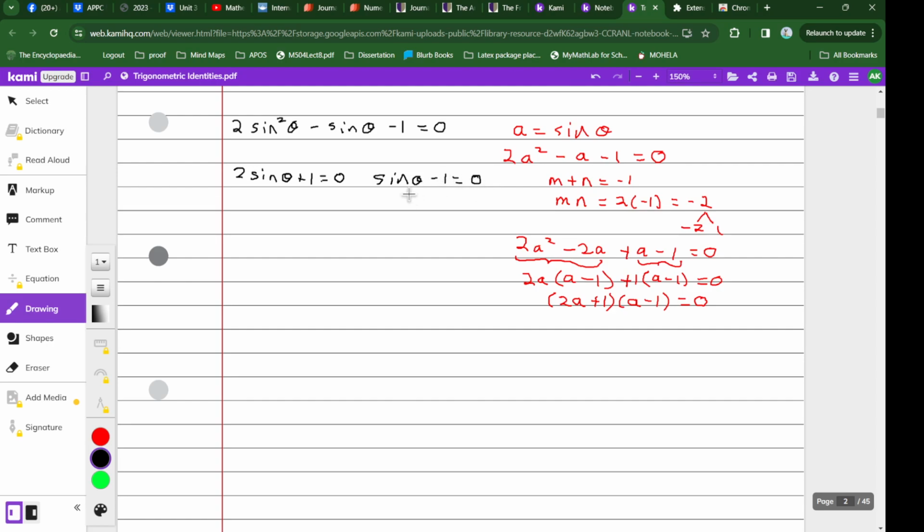And if sine theta minus 1 equals 0, that means that sine theta must equal 1, which means that theta is going to equal the inverse sine, or the arc sine, of 1. And the arc sine of 1 is pi halves.